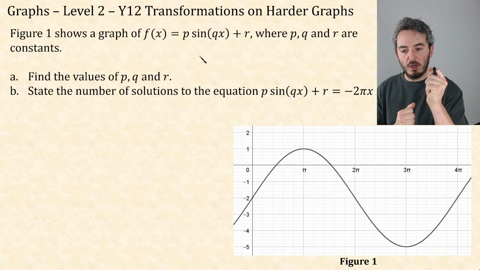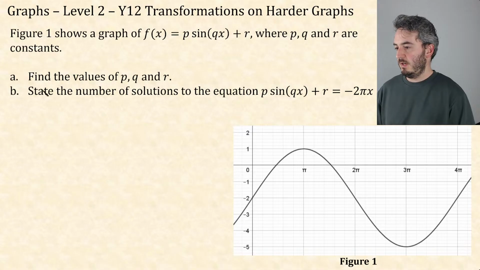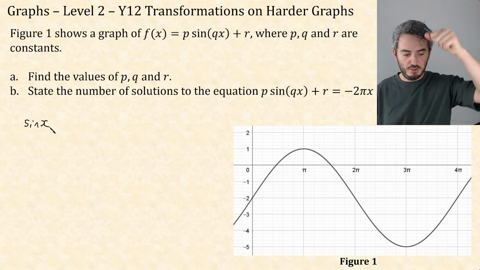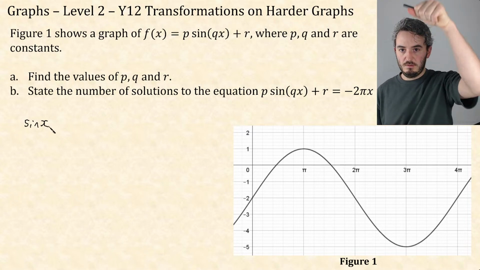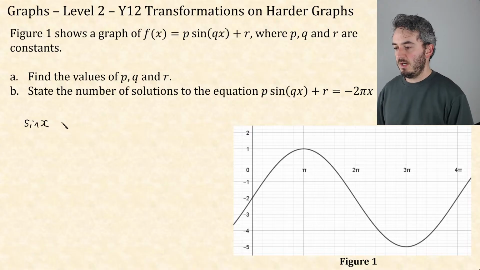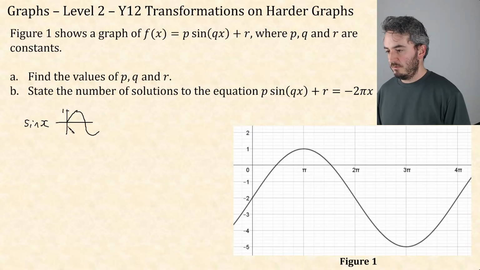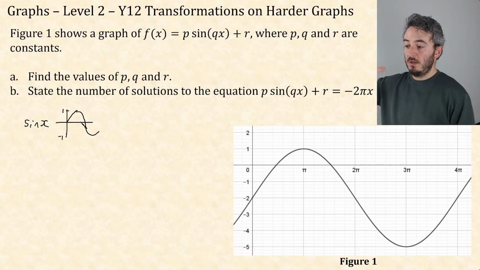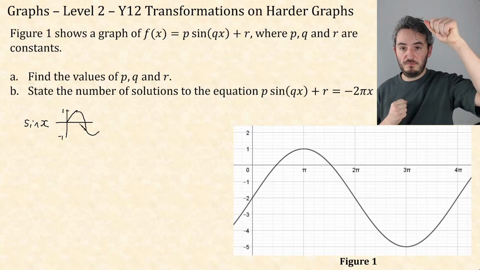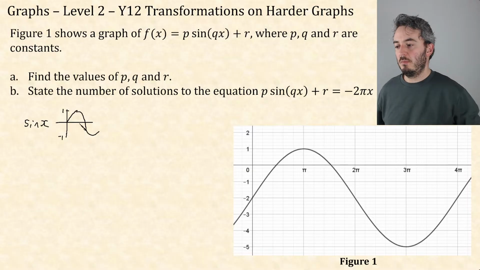I want to give you a little framework for working through these. Here's basically the way I'd approach this. I start with the idea of amplitude, which is just how tall the graph is. Sine x typically goes up to 1 and down to -1, so it has a range of 2 from its bottom point to its top point.